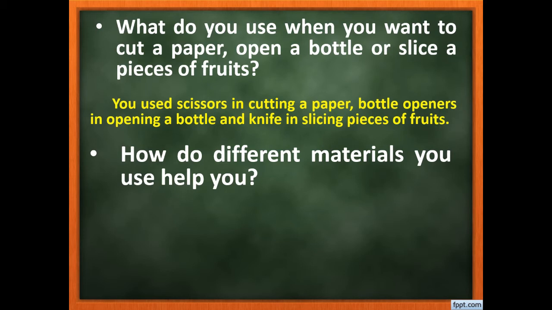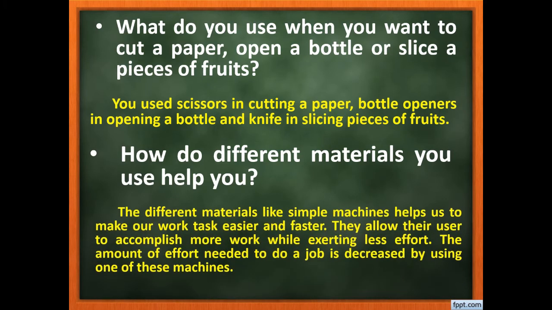How do different materials you use help you? Very good! The different materials like simple machines help us to make our work task easier and faster. They allow their user to accomplish more work while exerting less effort. The amount of effort needed to do a job is decreased by using one of these machines.